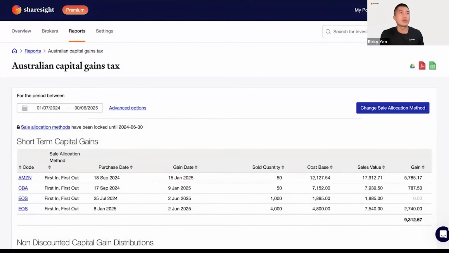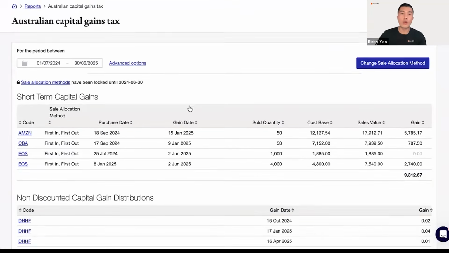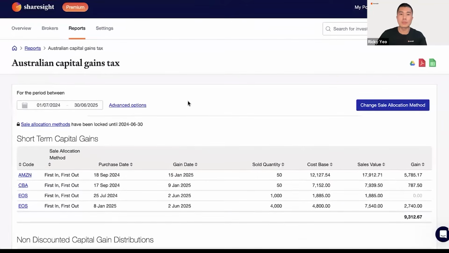I would say you can do it, but it's not really going to be very straightforward because right now, there's no way you can pick specific parcels in Sharesight. But that is something that we are going to do next year or down the line. We are working on it to be able to select specific parcels. But right now, there's no way to do it.